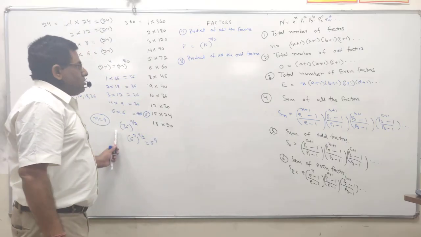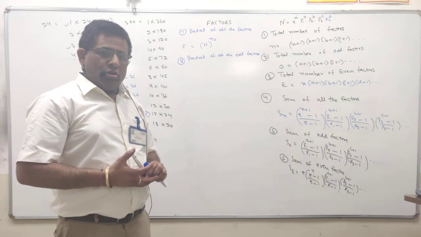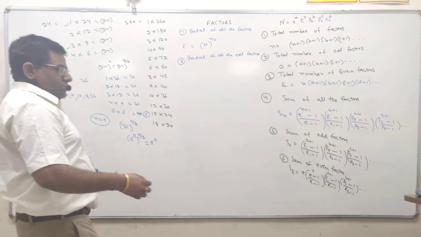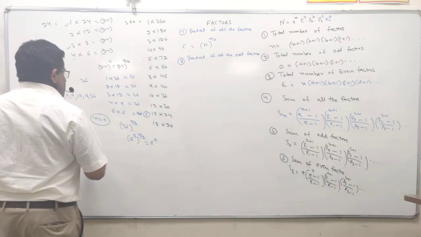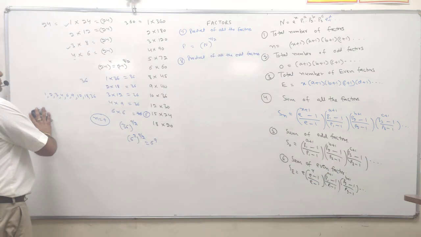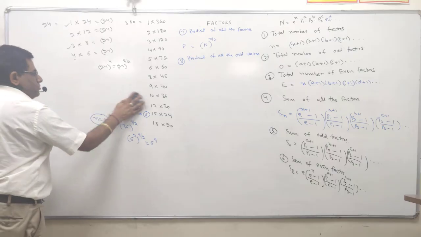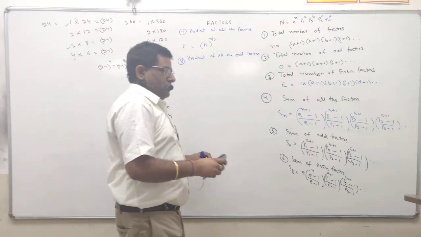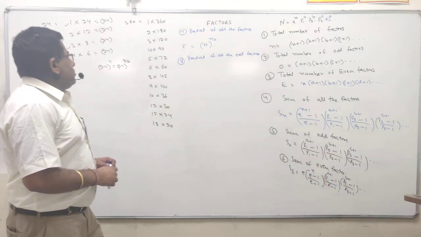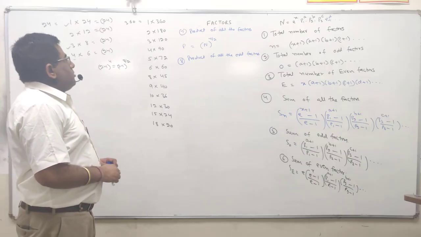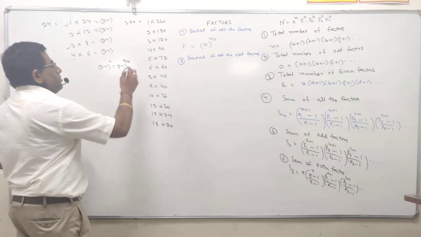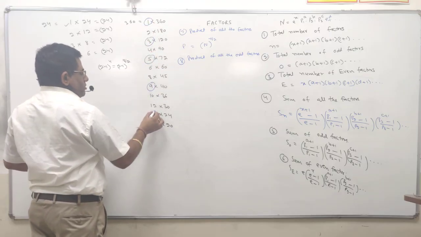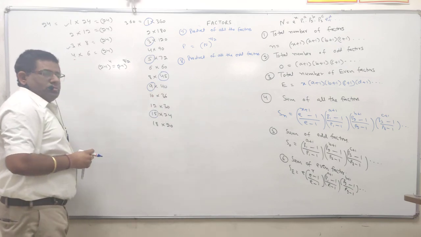This is the product of all the factors. Now we are observing the product of all the odd factors. You can see here, the odd factors of 360 are 1, 3, 5, 9, 15, and 45.